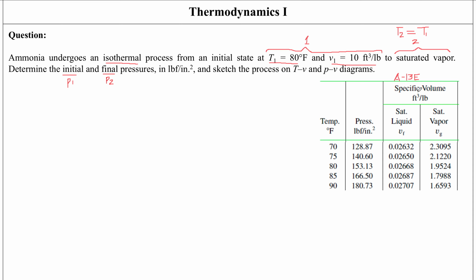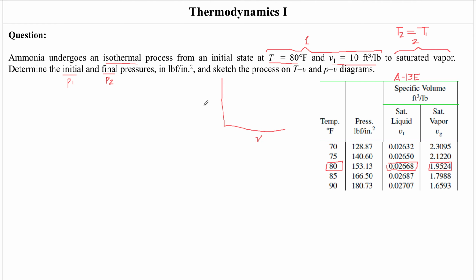So we go to this table and we go across this temperature, right? So we've got 80 Fahrenheit, and across this we've got specific volumes given to us for the saturated liquid curve and the saturated vapor curve. So if I draw the PV diagram, let's draw that diagram.